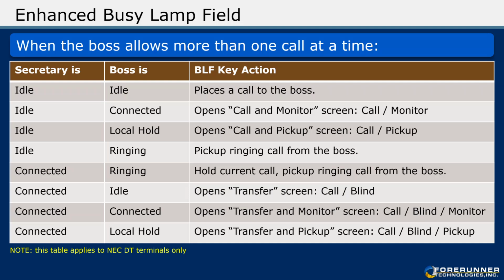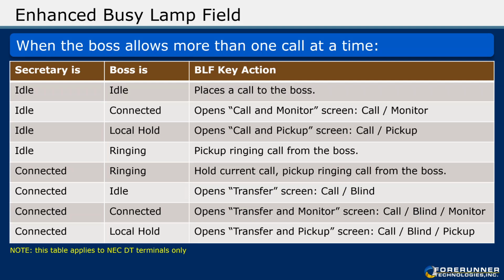There are a little bit more options for the secretary and the boss's condition. So if the secretary is idle and the boss is idle, she will place a call to the boss. If the secretary is idle and the boss is on a call, pressing the BLF key will change the screen and show a different set of soft keys that allows the secretary either to call the boss or to monitor the boss.